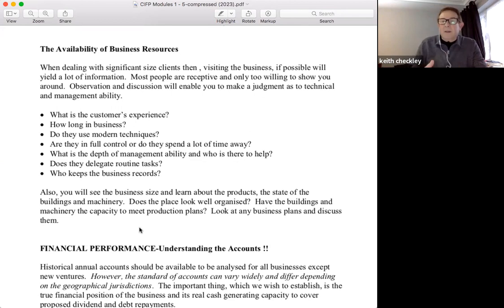You go to the place: is it reasonably neatly set out, or is it just a shambles of stuff all over the place? To succeed well in business, there will need to be some good processes in place. Now, I know there are exceptions, but generally the actual observation will help you.